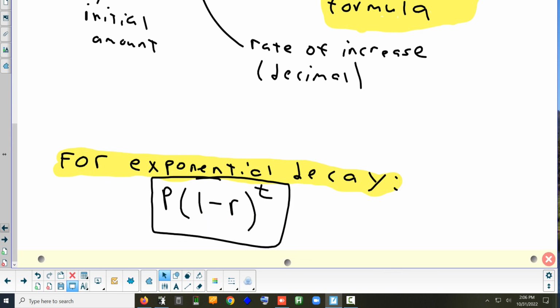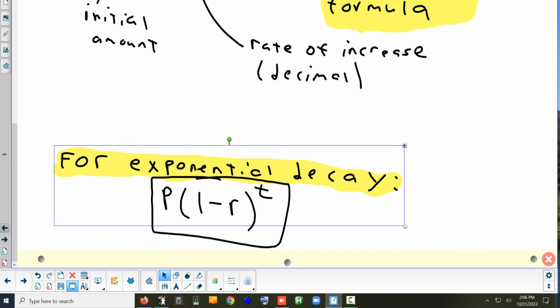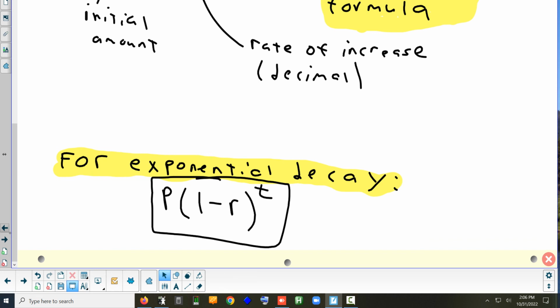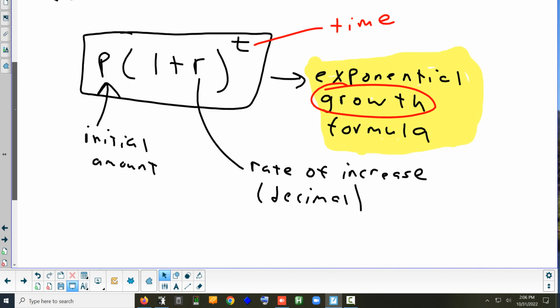So I'm not going to relabel everything, but if you had, I don't know, 200 acres of forest and it was decreasing at 3% every year, how much would you have 20 years from now? That's a decay problem because the amount of forest is going down by 3% every year. P is initial amount, R is a rate as a decimal, and T is still time.